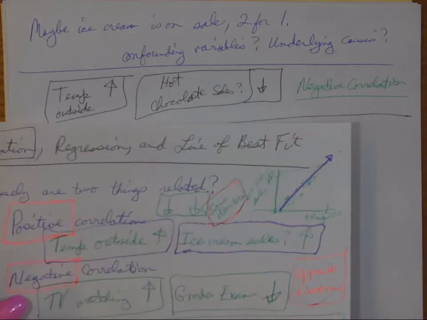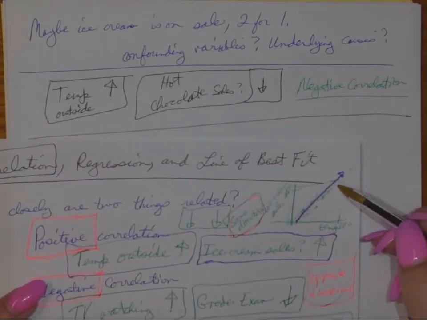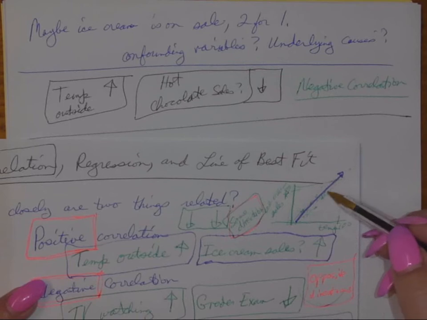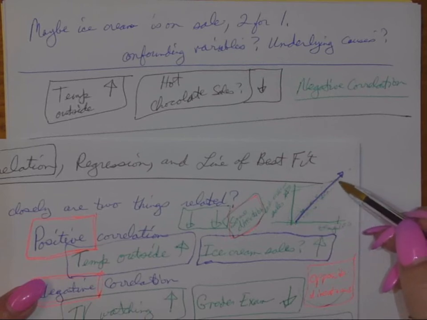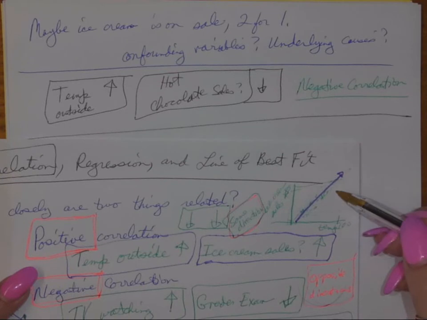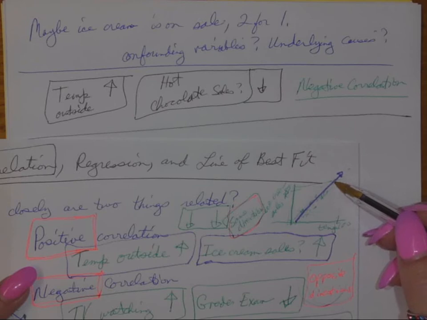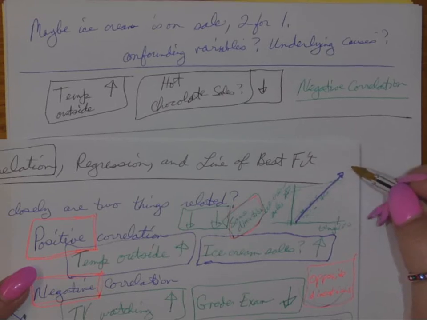Okay, so one more thing. If the line of best fit is a really good line of best fit, if the outcome can be mostly related back to whatever the independent variable was, then sometimes we can use these lines of best fit to make predictions.